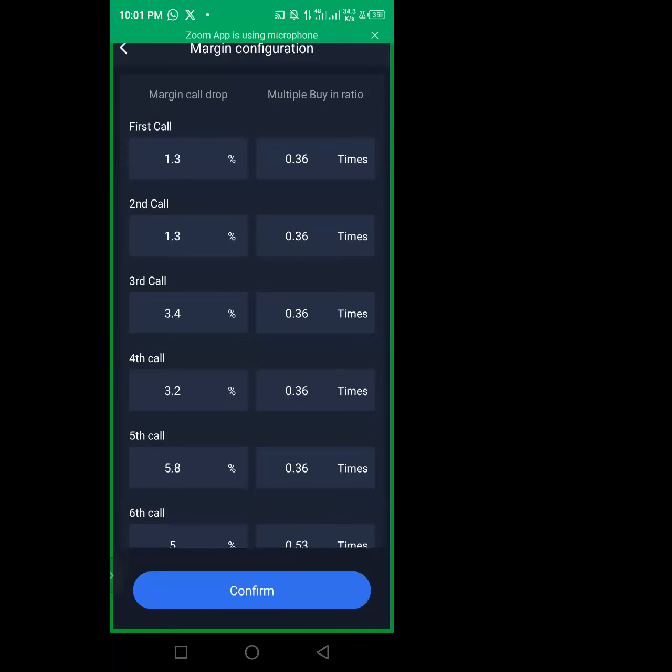It's not talking about the USDT you want to use to buy. It's only talking about the reduction of the coin when it's reduced by 1.3%. On Royalq, you will see a price that tallies to the 1.3% drop. Like Bitcoin, when it dropped by between 5 to 6%, it dropped from 45,000 and the new price was down at 42,000. So that is the meaning of the margin call drop.